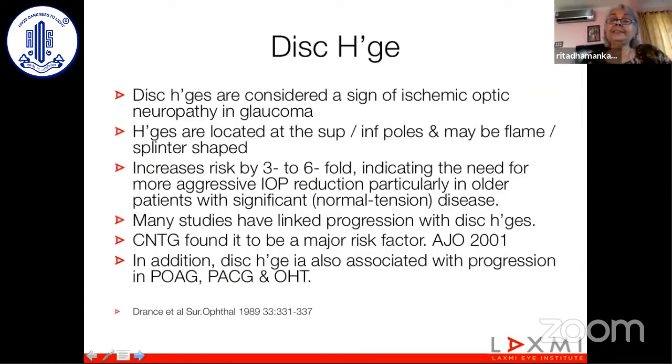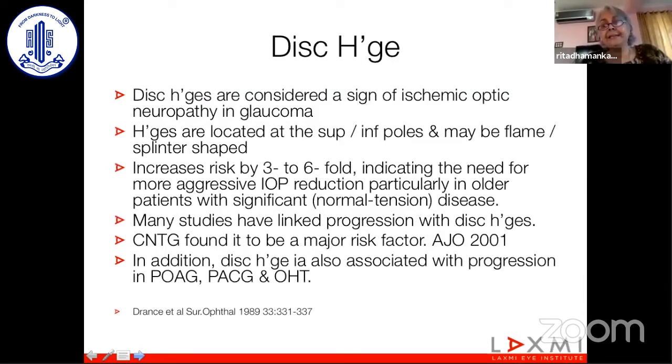So disc hemorrhages are considered a sign of ischemic optic neuropathy in glaucoma. Hemorrhages are located either at the superior or the inferior poles and may be flame-shaped or splinter-shaped. It increases the risk by 3 to 6-fold, indicating the need for more aggressive intraocular pressure reduction, particularly in the older patients with significant normal tension disease.